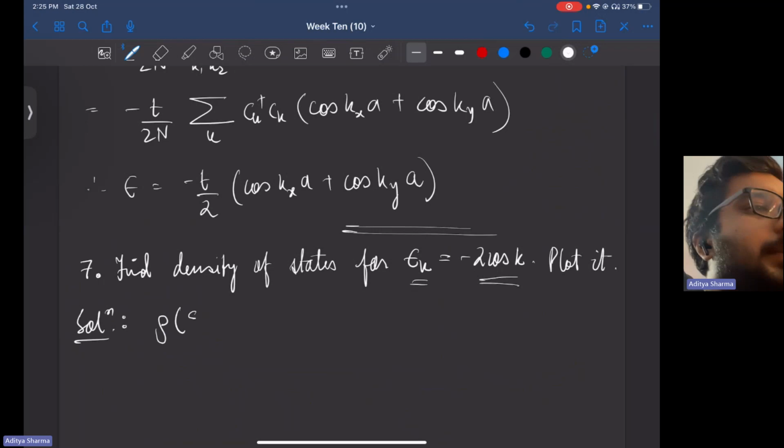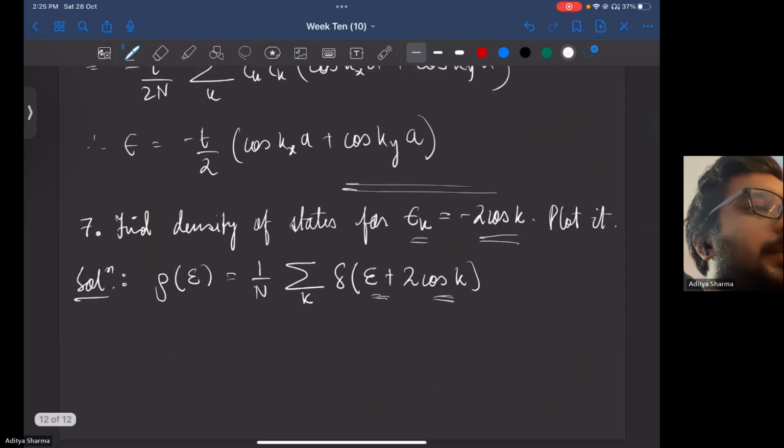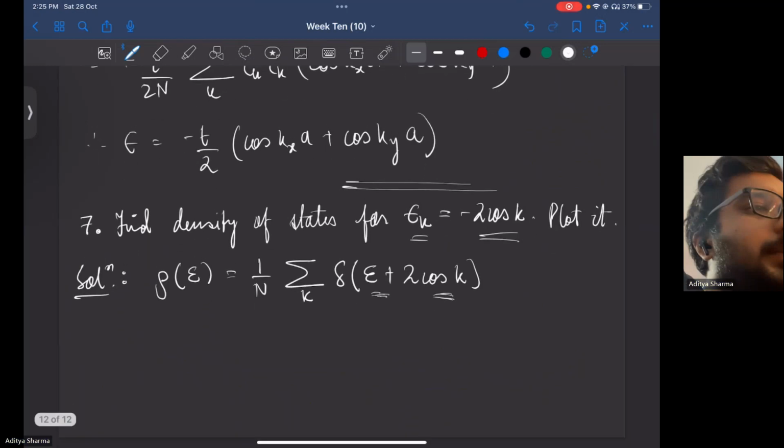So rho of E is actually the density of states, and it can be given like this. This is similar to what you had earlier. There you had R minus R prime. So I have E minus some E_k. Now assume that the spacing between these k's is so small that I can take it to be continuous. Now this is a large system.